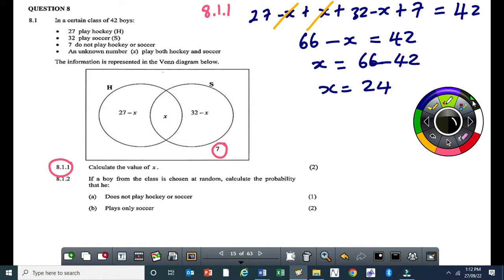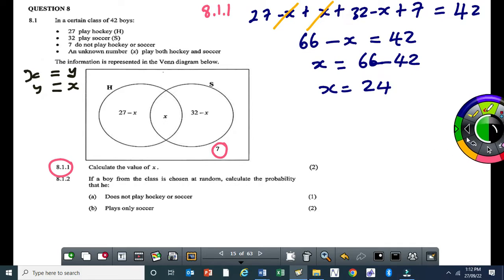If I give you X is equal to Y, is it different from Y equal to X? No, right? Let's check this. From this step here, I can write 66 minus 42. Take the 42 to the left. Can you look here?